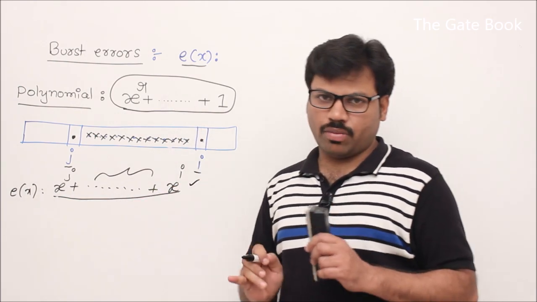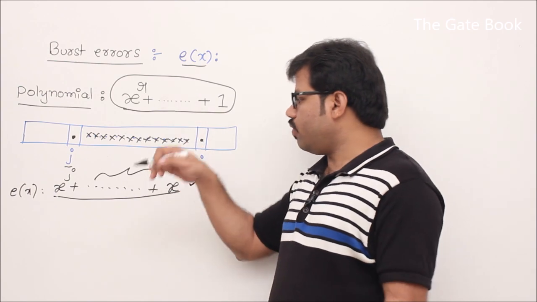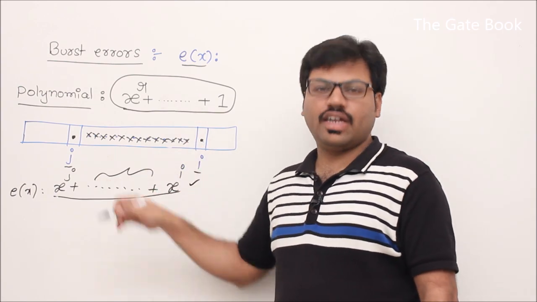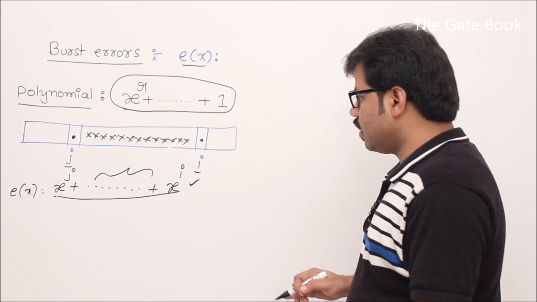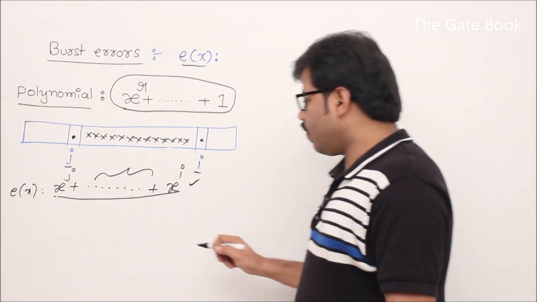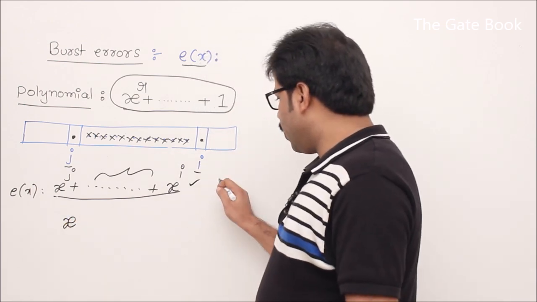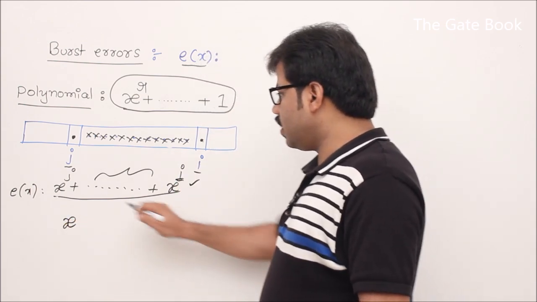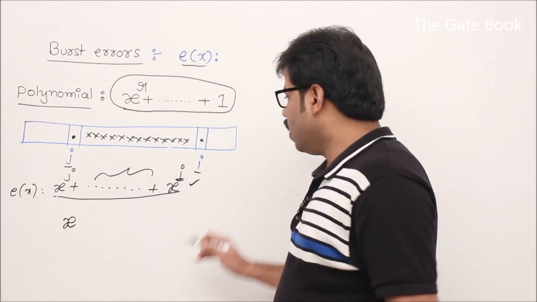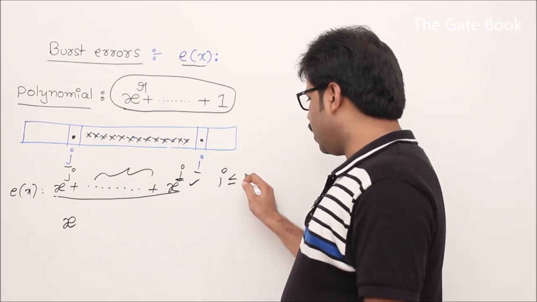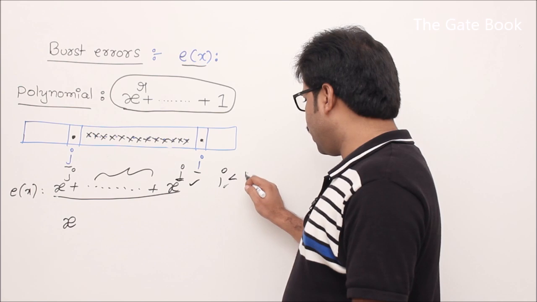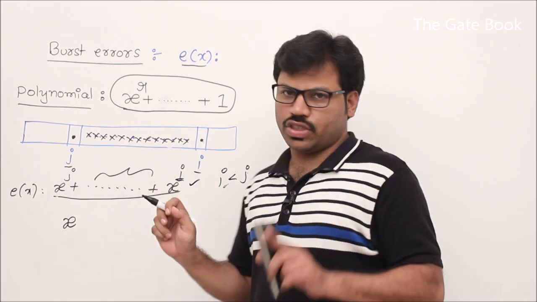That is not a good polynomial. We have to use a polynomial which detects it, that means it should not divide it. Let's focus on that. Here again we do some math simplification. Since i is the smaller number and j is the bigger number in these two, i is less than or equal to j, correct? Strictly less than j I can say, because a burst error contains at least two positions.